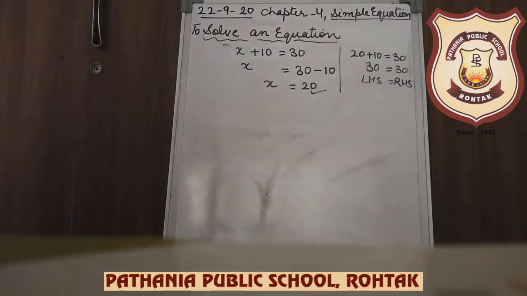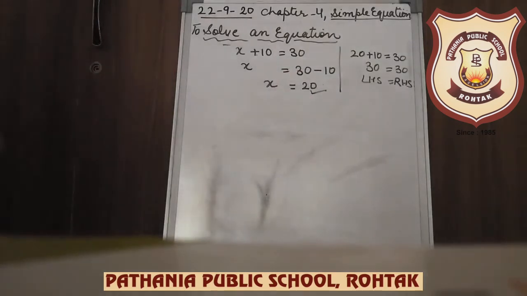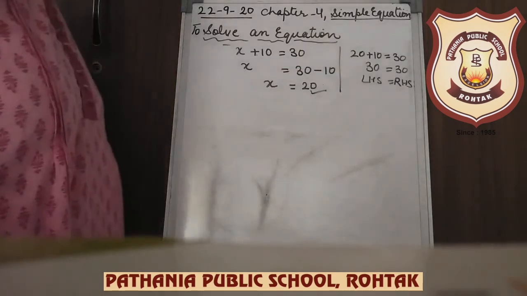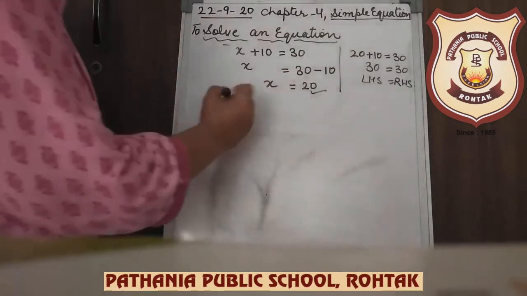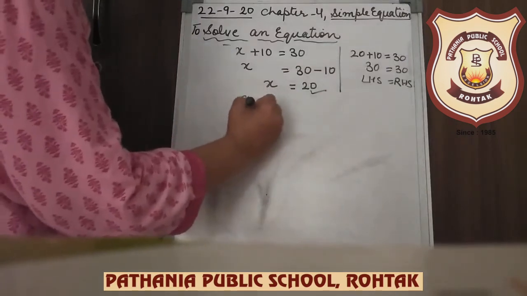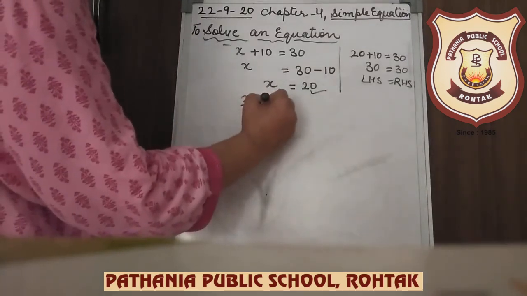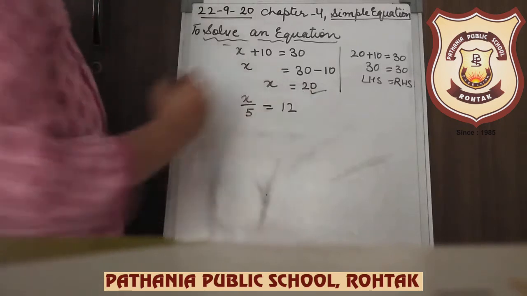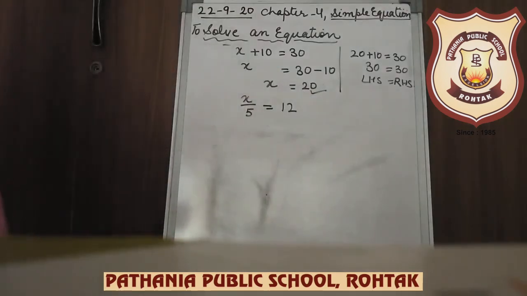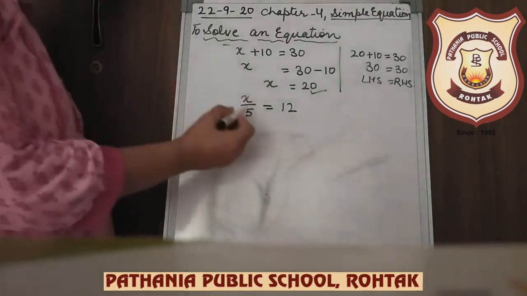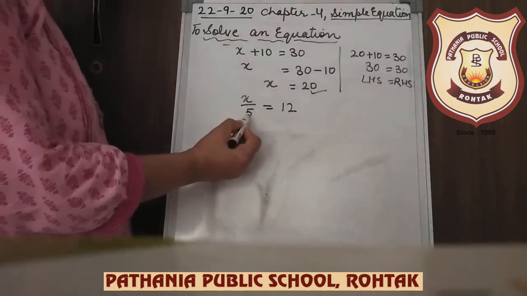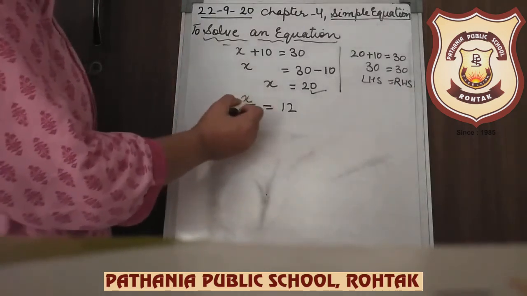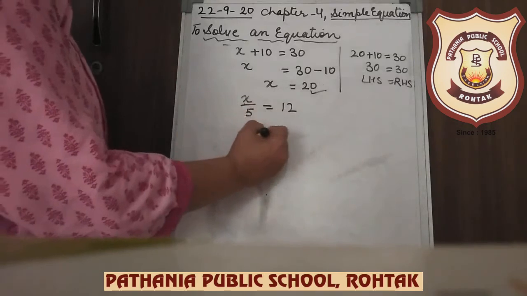Now suppose, instead of addition, the equation is x upon 5 is equal to 12. This is your another equation. Here 5 is dividing, and I told you the variable is to be kept on the left hand side.